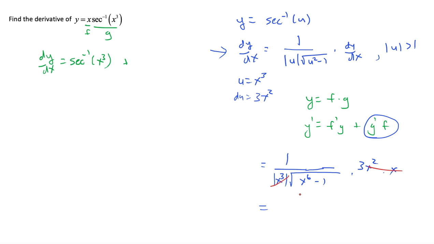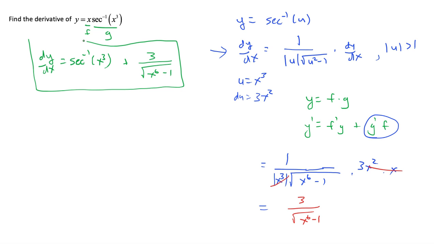So really, what are we left with? We're left with 3 over radical x to the 6 minus 1. So that is what we get here for the second term, the 3 over radical x to the 6 minus 1. And in this case, there's really nothing else for us to do. This is going to be our derivative.